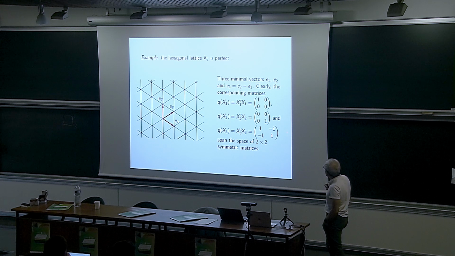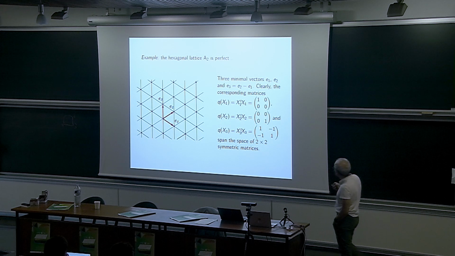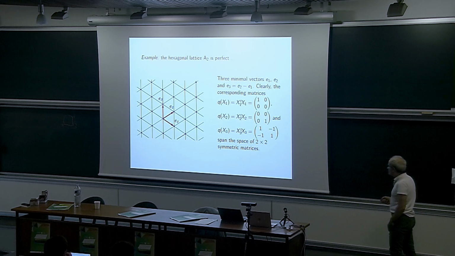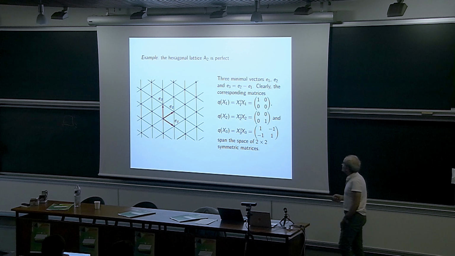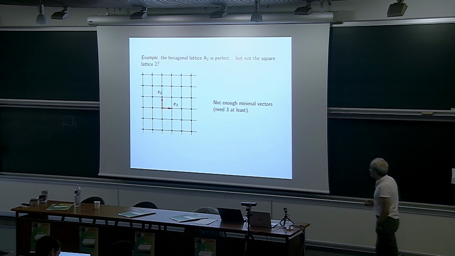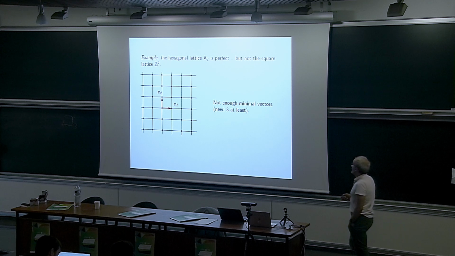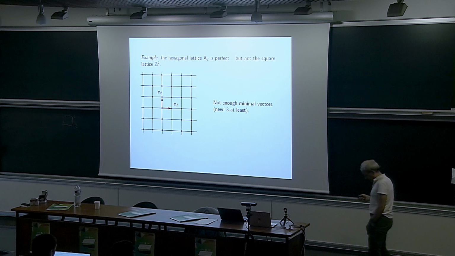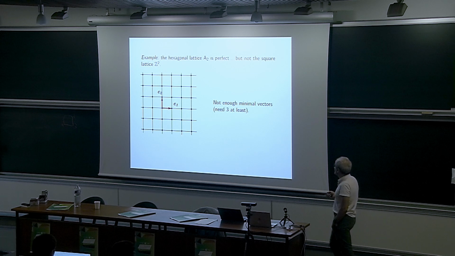And clearly, these three matrices span the whole space of 2 by 2 symmetric matrices. So this lattice is perfect. While this one is not, just because it doesn't have enough minimal vectors. It has only two minimal vectors, and we need at least three from the previous remark, because here the dimension of the symmetric space is 3.